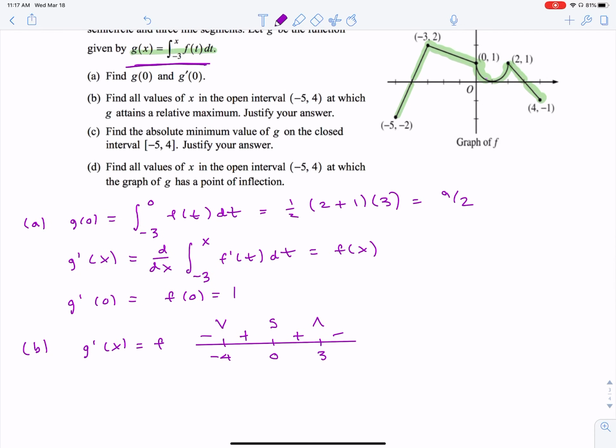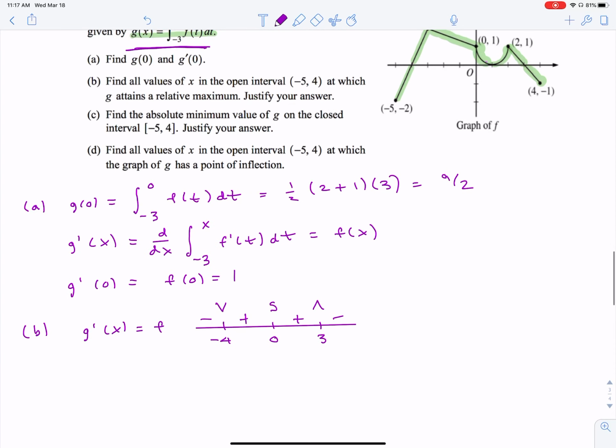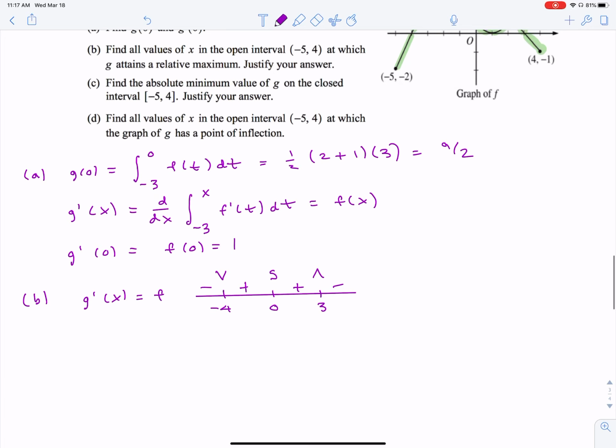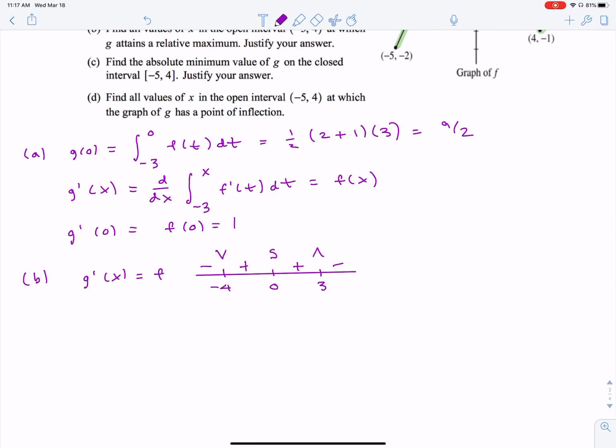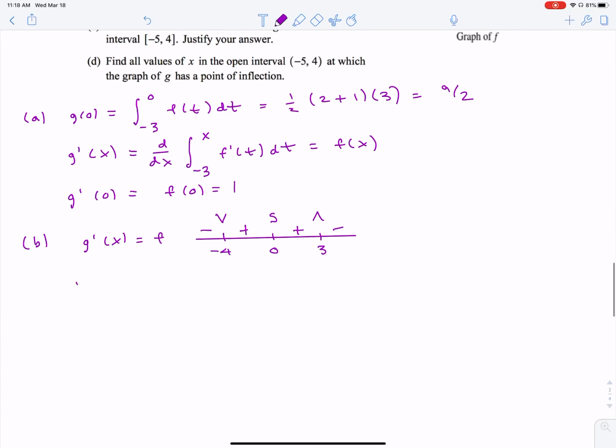So answering the question asked, what was the question? Find the relative maximum and then justify. So my answer is going to be, there is a relative max at x equals 3. Why? Because g prime equals f.